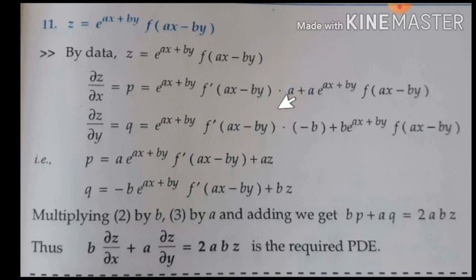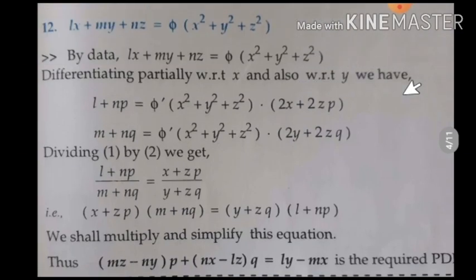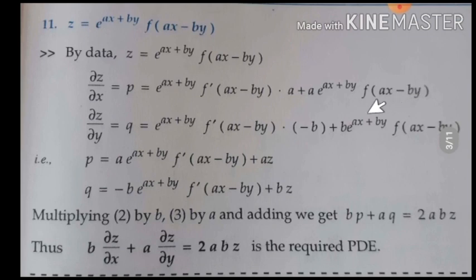Now how to simplify this one? What is the arithmetic operation we need to apply? Now observe it. Here e to the power of ax, f of ax term, this term is nothing but z. That is available in both equations.